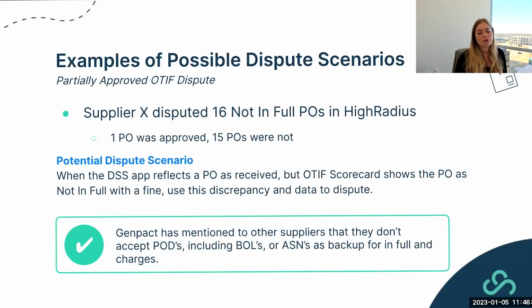So if you're disputing a not in full charge or a shortage related deduction in APDP, those are usually the documents that they need. However, in the case of OTIF, they don't want those documents, which I find so interesting. But we have seen success with suppliers using DSS.